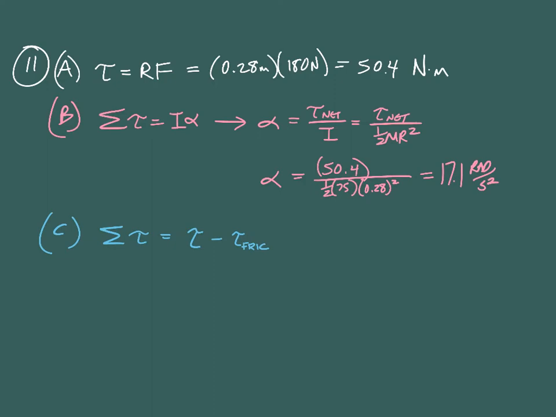What we could do is write that as torque sub lowercase f, if you realize that f is for friction. In our case, the friction force is mu n. So now I have 50.4 from part A, minus mu n.